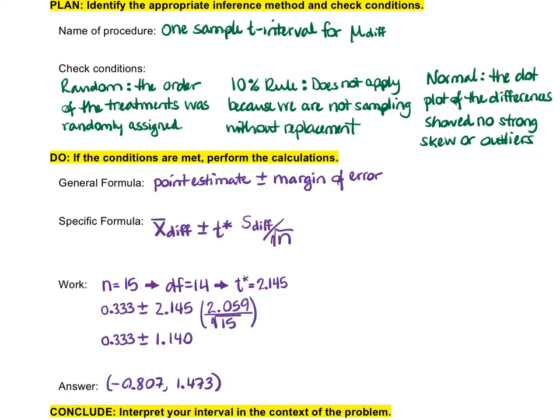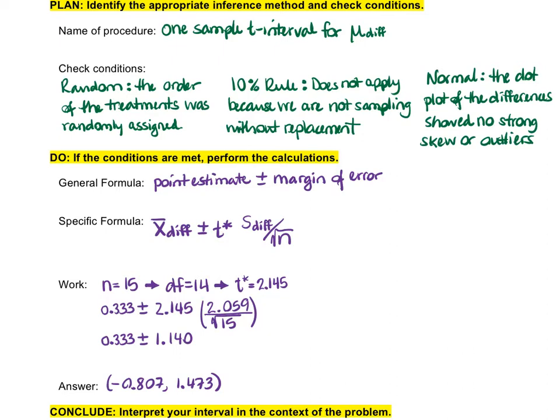Now, t star is going to be based on the degrees of freedom, which, because we had a sample size of 15 individuals in our fake data, is 1 less than that, so 14. The t star for 95% and degrees of freedom 14 is 2.145. We can find that on table B.